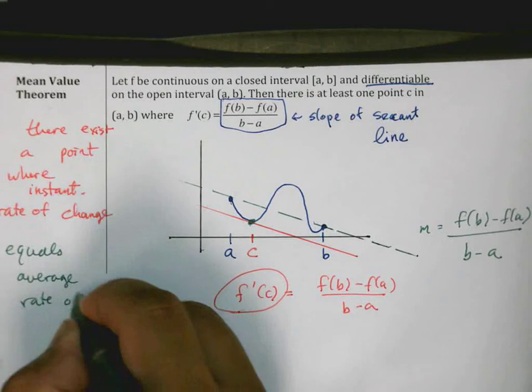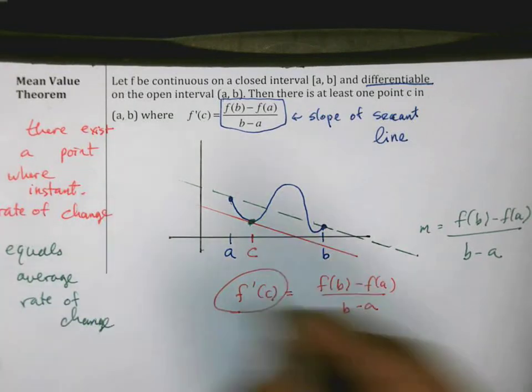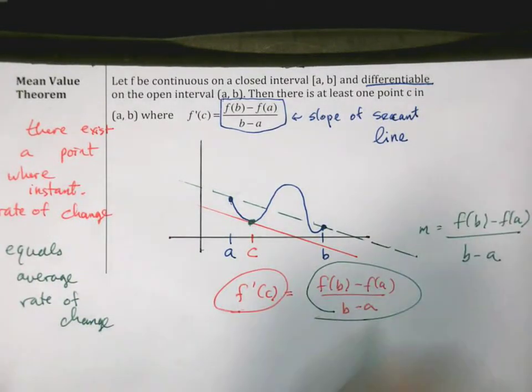That's this part right here that I've circled in green. So that's essentially what the mean value theorem is saying.